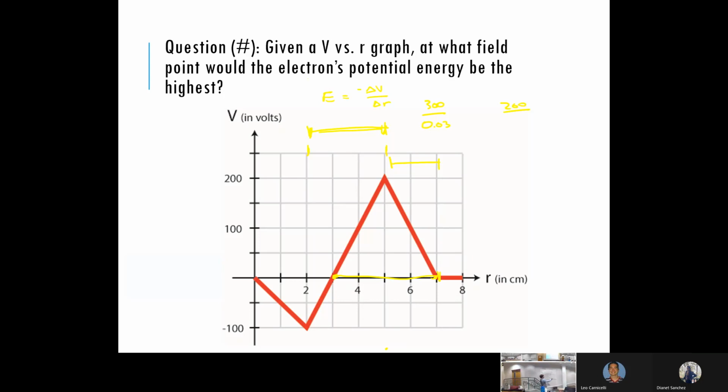Positive slope, and then I have the negative sign here. So the electric field is pointing in the negative r direction. But from 5 to 7, I have a negative slope, so the electric field is pointing in the positive r direction.